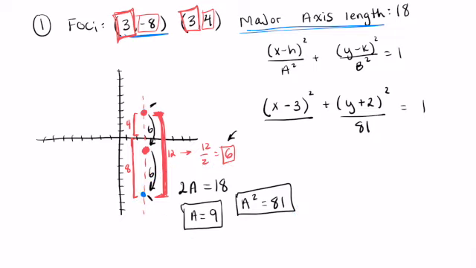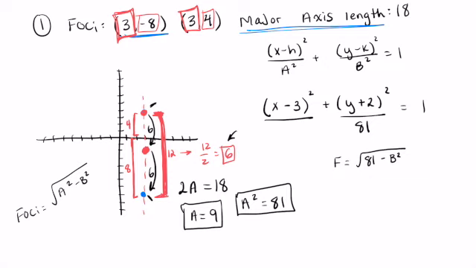Now I need to find the value of b squared. And the way that we do that is, how do we find our foci? Well, we find our foci by taking the square root of a squared minus b squared. So my foci, which if you've seen my other videos I call f, equals the square root of, what's a squared? 81 minus b squared.